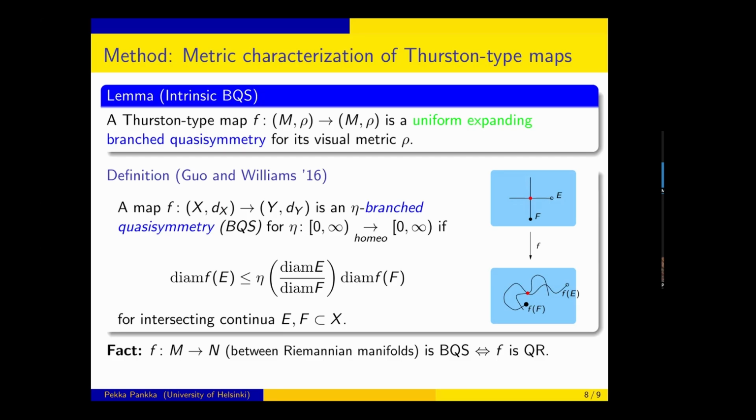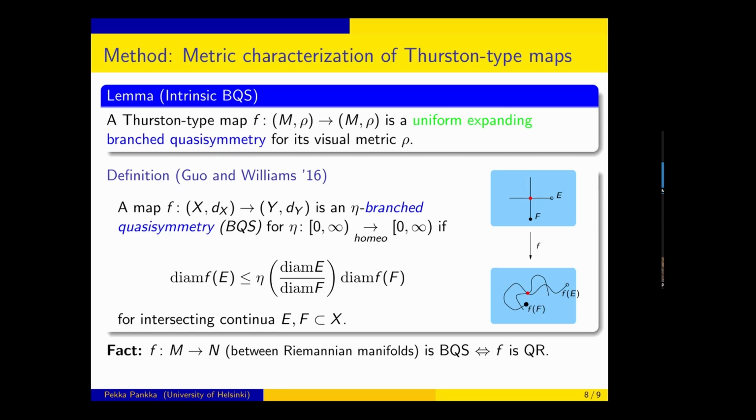But the great insight of Gu and Williams was that instead of looking at images of points, you look at images of continua. You take two continua, E and F in my little picture above, which intersect in this red point. You can map the continua over, and check what happens to the relative size of the diameters.